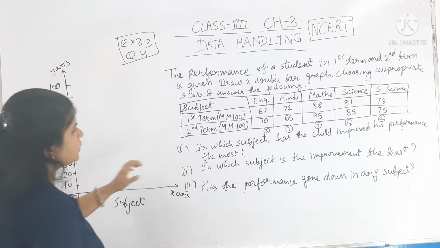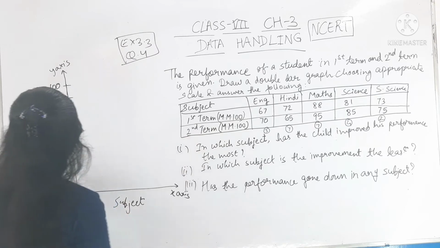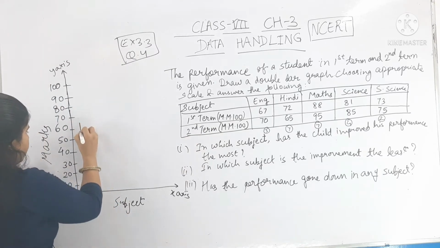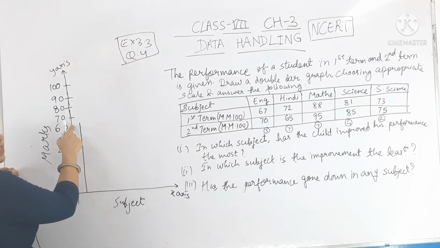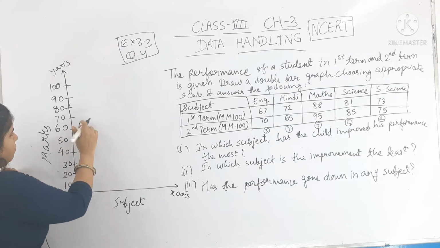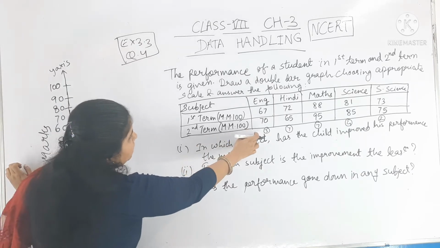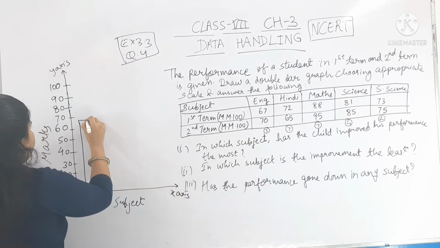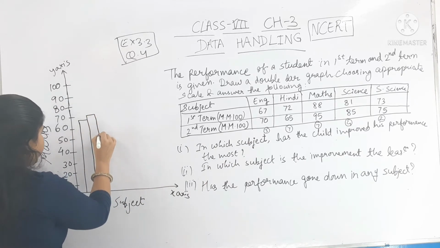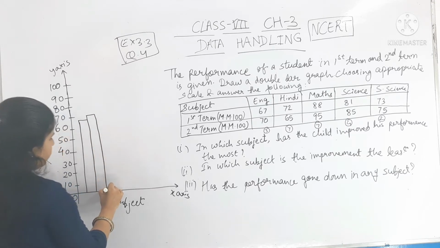So for English, first term is 67. So here it's above 60 but below 70, nearer to 70. And for second term it is 70, so in front of 70 you have to draw like this.